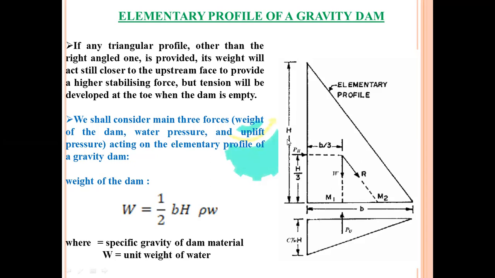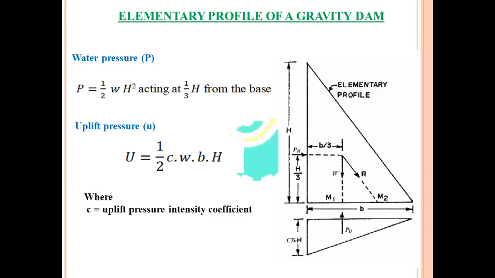Rho is the specific gravity of the dam material, and W is the unit weight of water.